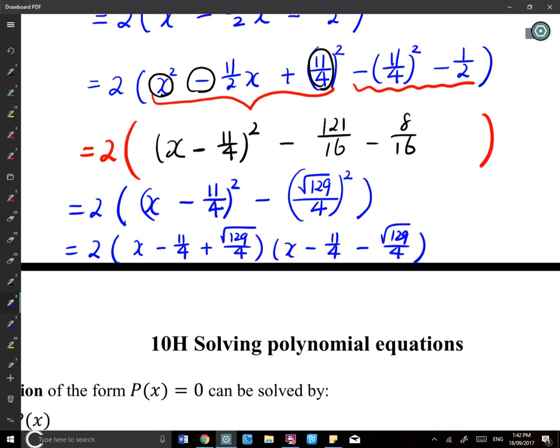That's the other 2 factors. I have a linear, and a quadratic, and the quadratic can be further factorized into 2 linears, and we have 3 linear factors. Okay, 3 linear factors.